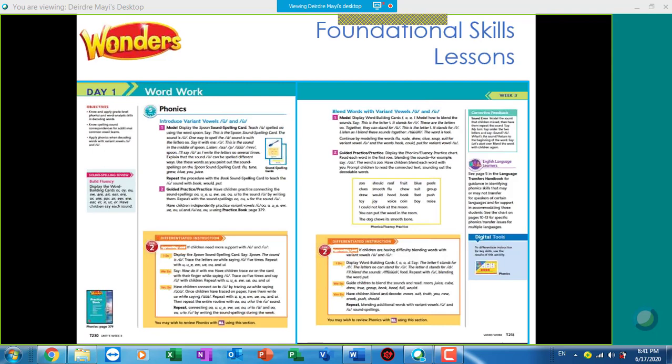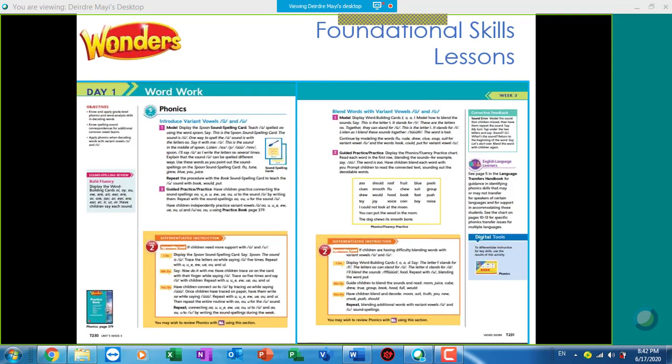So here's what's so important. We don't want students to just be able to decode these words with variant vowels. We want them to understand that these words will eventually find their way into sentences.